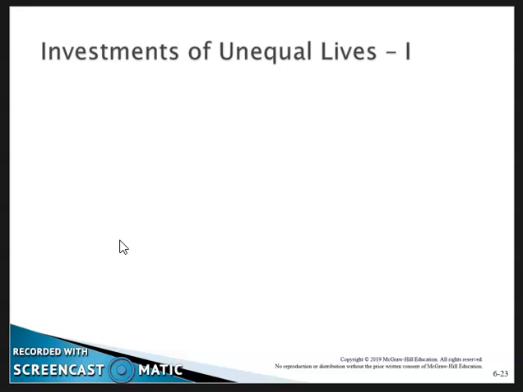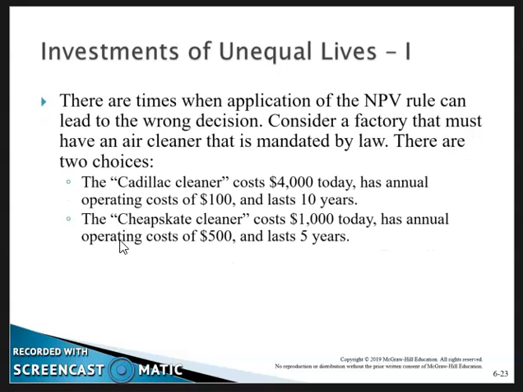So then next we have investments of unequal lives. There are some examples in the homework where you have investments of unequal lives. There are times when the application of the NPV rule can lead to a wrong decision.